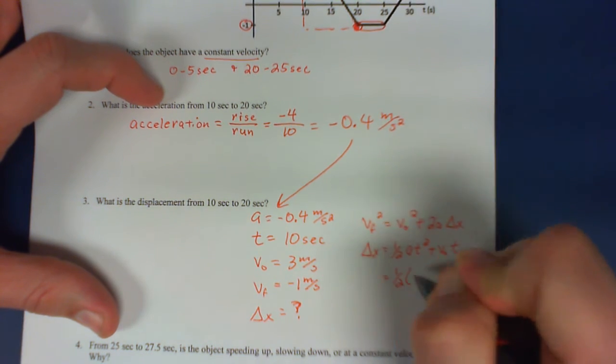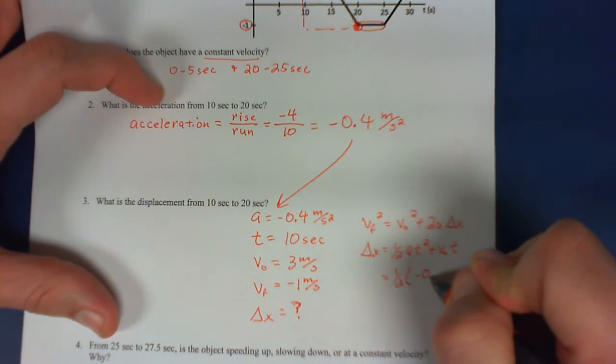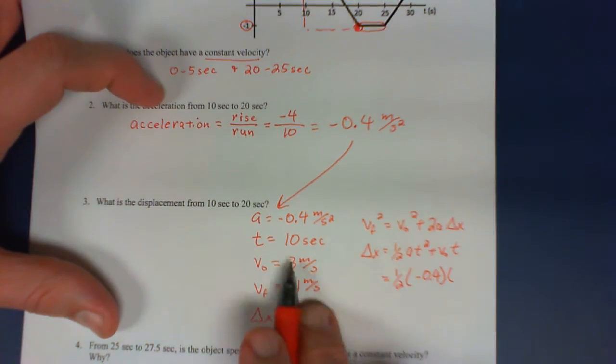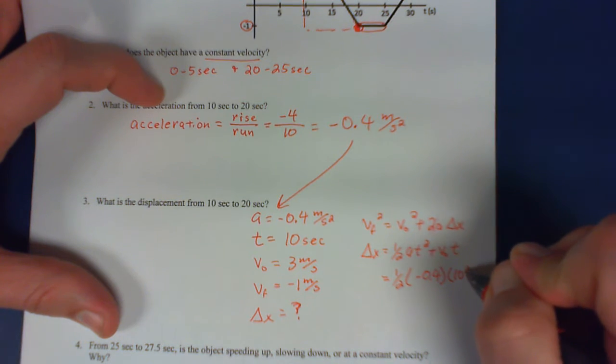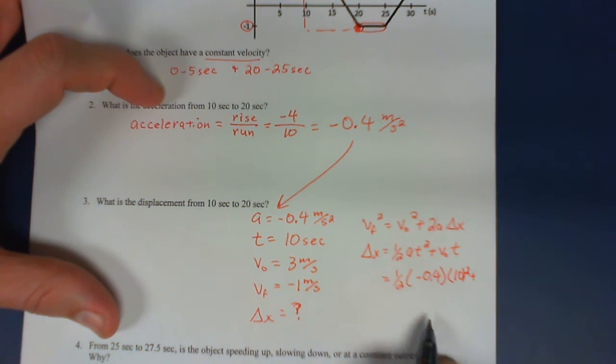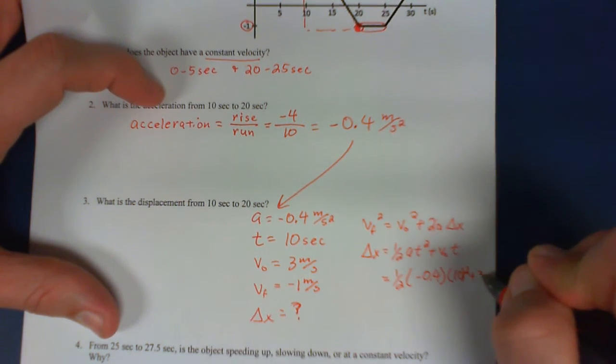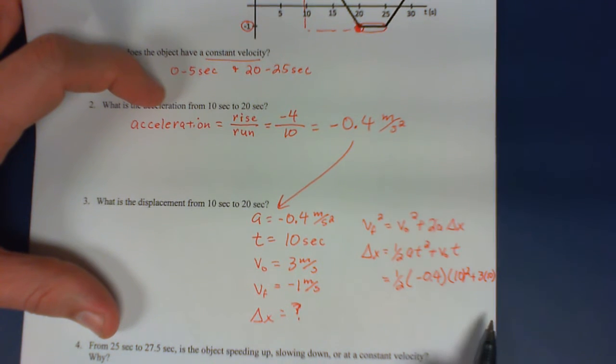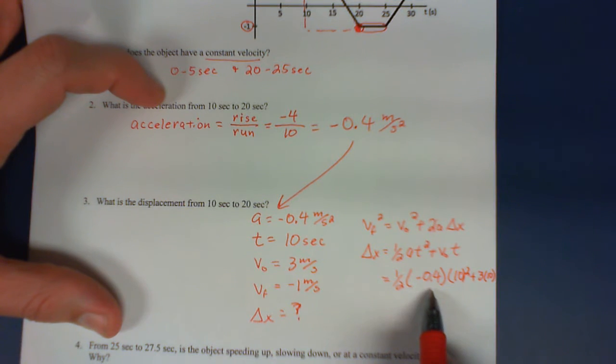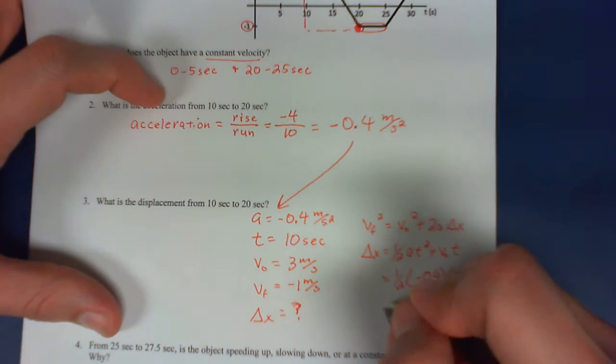So 1/2 times the acceleration, negative 0.4, times time, which is 10 squared, plus the initial velocity, which was 3 meters per second, times the time, which is 10. All right, so half of negative 0.4 is negative 0.2 times 10 squared, that's 100, so that gives me negative 20.